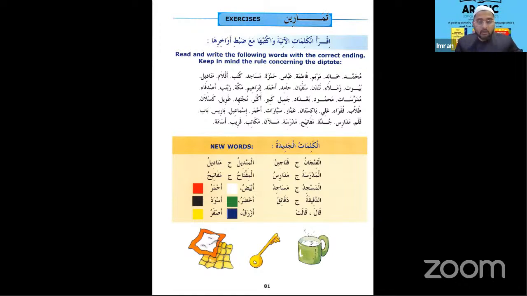Now, the next example is of the accusative case. Write this down. The accusative case is when the noun is receiving a fatha or a fatha tanween. However, in the accusative case, a diptote only receives a fatha.